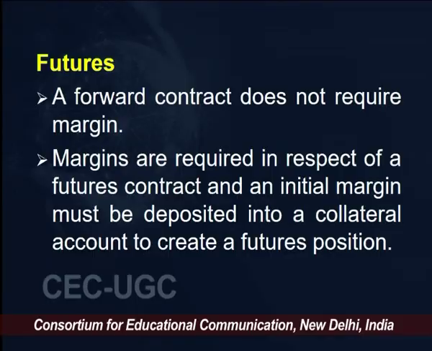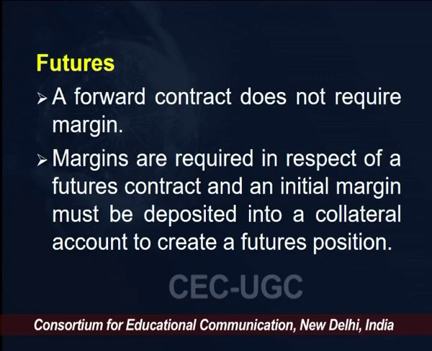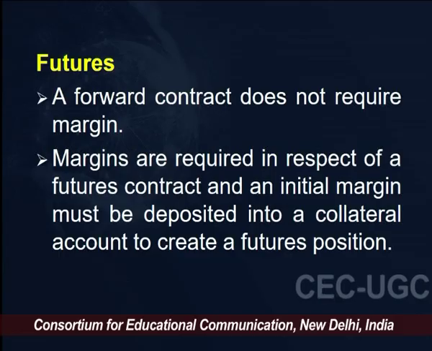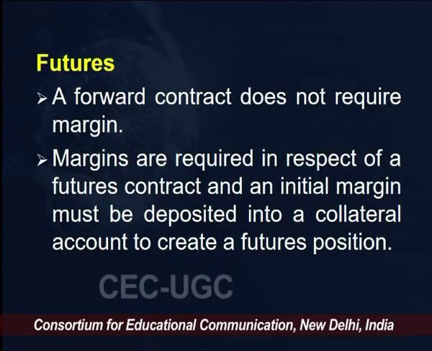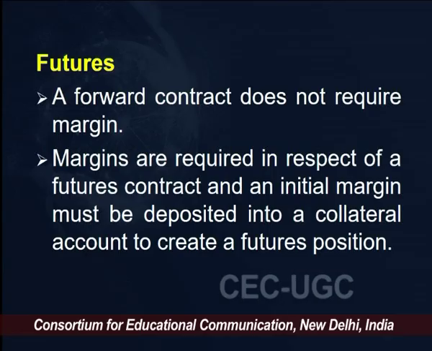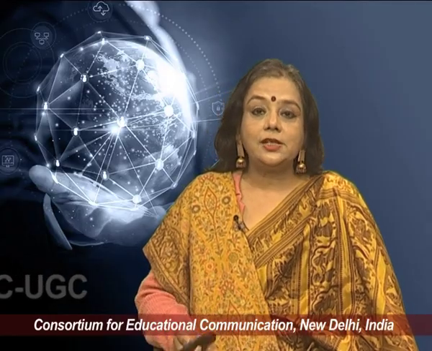A forward contract does not require margin, but in case of futures it is required. So, margins are required in respect of futures contract, and an initial margin must be deposited into a collateral account to create a futures position. So, here a little bit of security money you have to submit. Futures are traded only on an organized exchange.